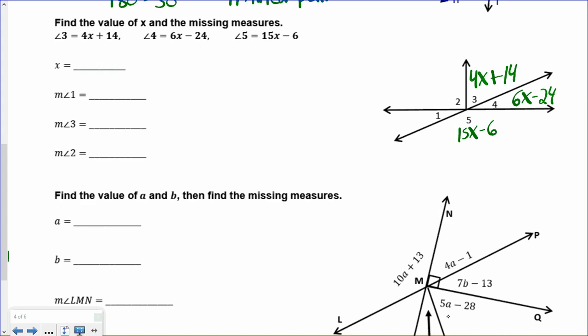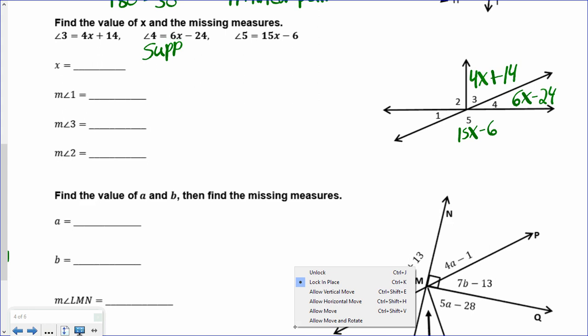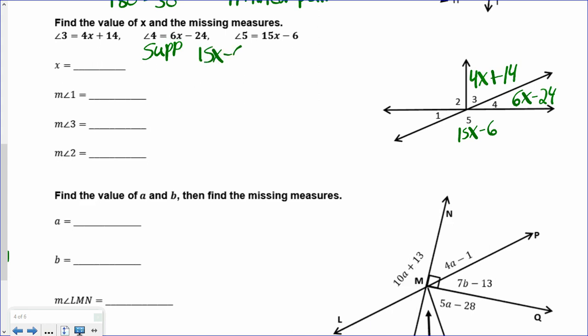What relationship do 5 and 4 have? Supplementary. So I'm going to use supplementary angles between angle 4 and angle 5. They create a straight line, which is 180. I take both angles, angle 4 and angle 5, add them together and I get 180.